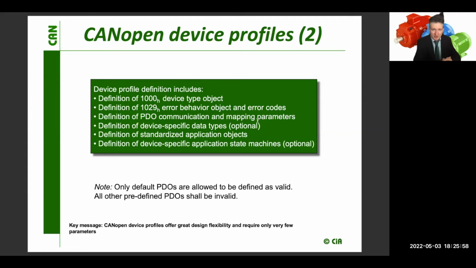This is important. This object 1000 is provided here in this slide, and tells this information. It tells about the device type. Additional object 1029 is an open object, providing information about how the device behaves in the network in case a device error occurs, communication errors, and device internal errors.